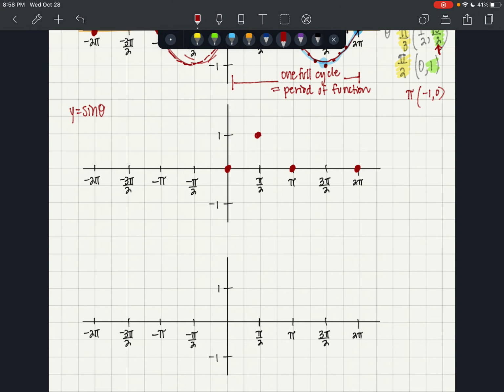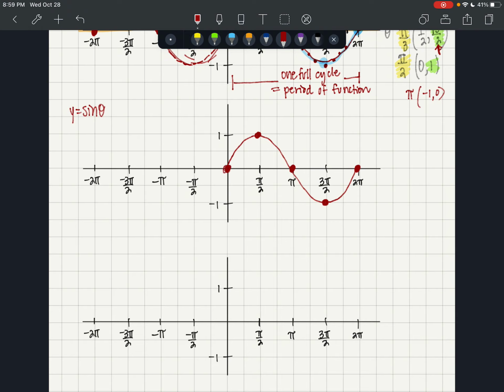So between 0 and pi, we have an input of pi over 2. That's going to be at a maximum. Halfway between pi and 2 pi, which is an input of 3 pi over 2, we're going to be at a minimum. Our minimum is -1. So we've talked about this before. Sine and cosine will never have ratios greater than 1 or less than -1.